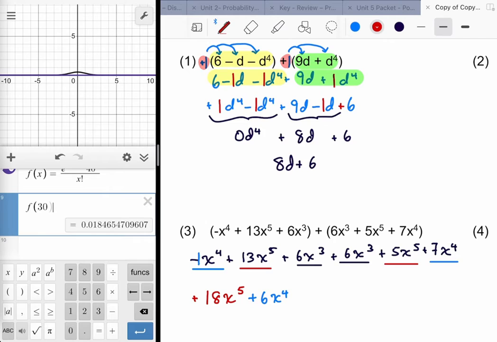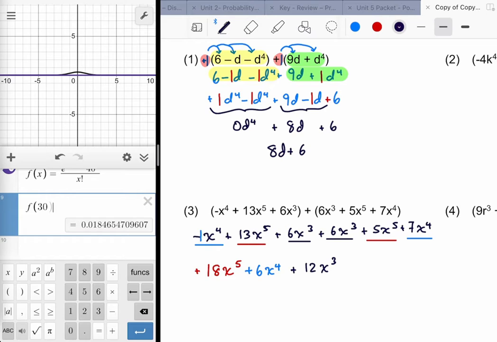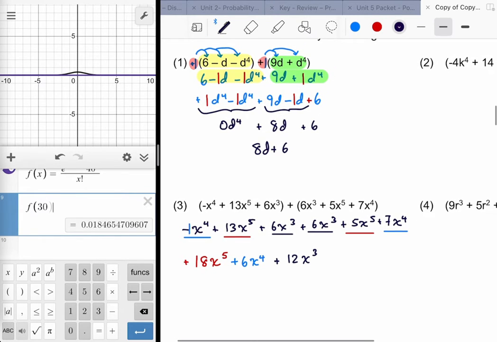The two coefficients are 6, so plus 12x to the 3rd. All right, and like I said, you could just ditch that sign in the front because it doesn't really factor into the solution.